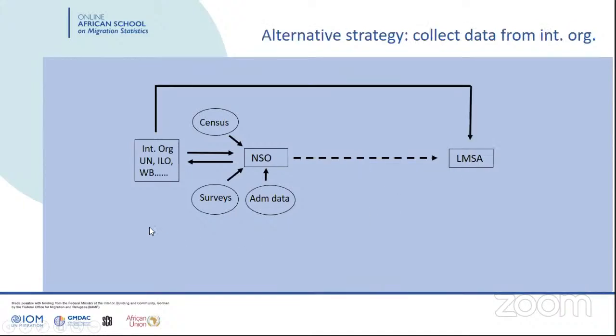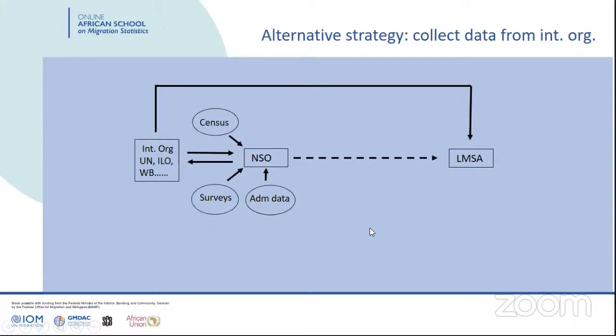An alternative way to do this would have been for LMSA to go directly to UN, ILO, World Bank to get the data from there, and if need be, to get supplementary data from the NSOs.